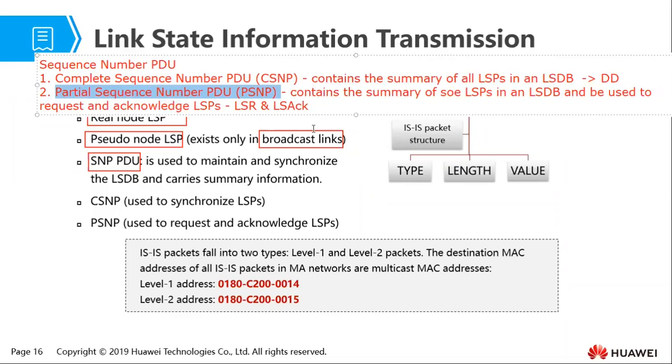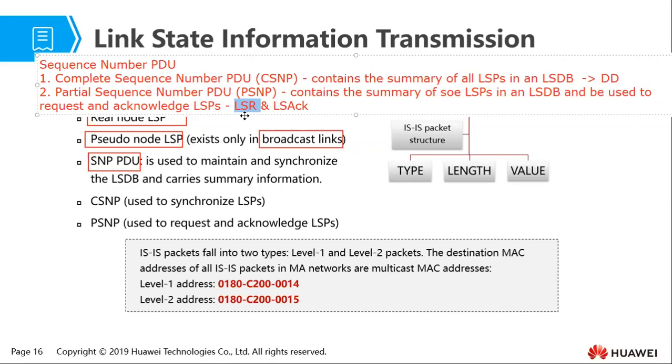So you see, that is very similar to the link state request in OSPF. So generally, that is what we call the sequence number PDU. So we have two: complete sequence number PDU and the partial sequence number PDU.